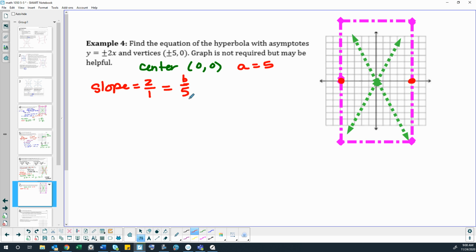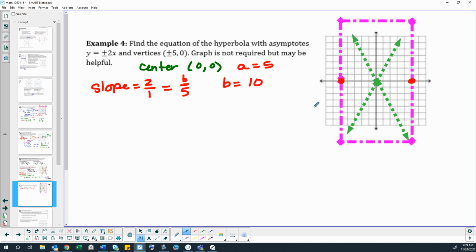So since this is b over a, right, and a is 5, so we're finding b, so cross multiply, b would be 10. So there we found our a and b. This does not ask us to find foci at all. We don't even have to do the graph. All we need is the equation. I think we've got everything we need.